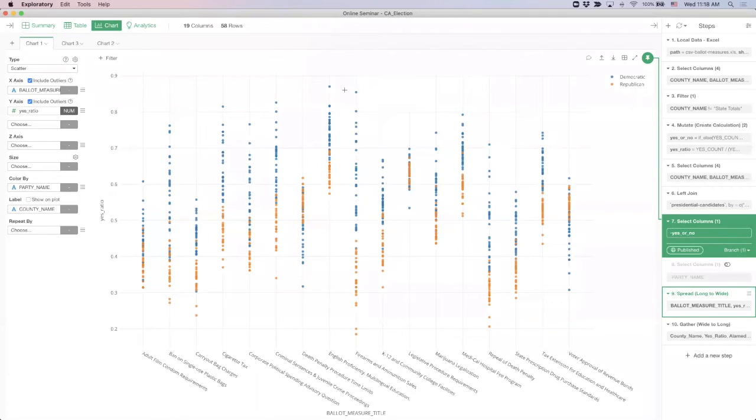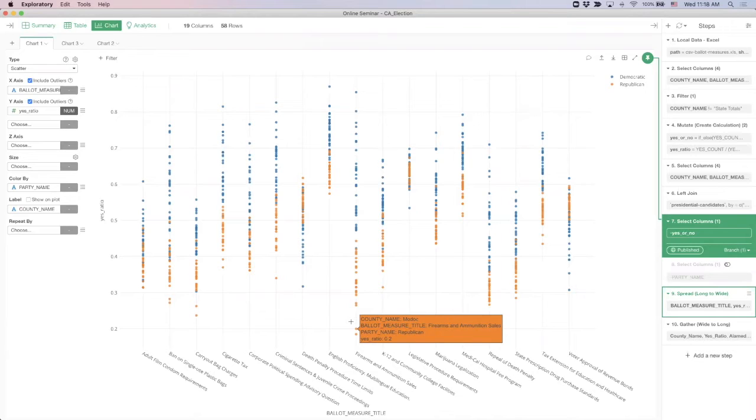From here, what we can see, and this is kind of funny, is that San Francisco is always at the top for most of the measures. Then look at this one, firearm ammunition sales. This is to make it harder to buy firearms or guns. Some of the counties are at 0.2, meaning 80% of the people went against it, they want to keep the guns.